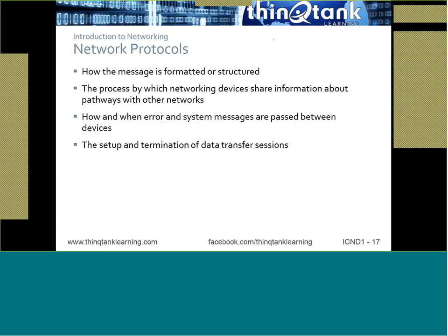So these are different protocols that we use to communicate. The process of how devices share information. What do they do if there are errors or issues sharing that information, right? Setting up and terminating data transfers, very, very important.